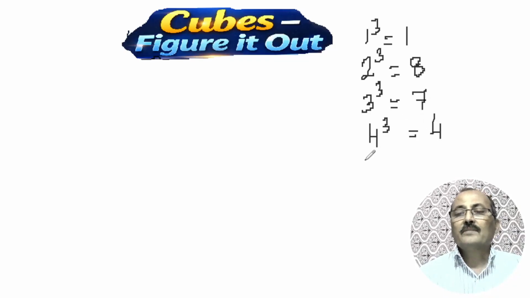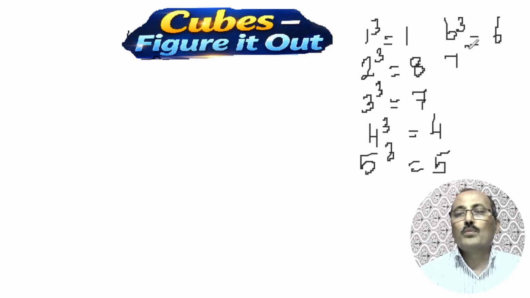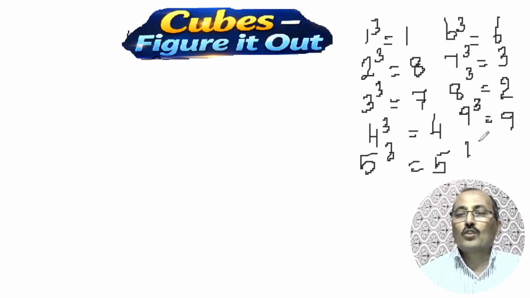Then 5 cube is 125, which ends with 5. 6 cube ends with 6 itself. 7 cube ends with 3. 8 cube ends with 2. 9 cube ends with 9: 9 nines are 81, and 1 times 9 is again 9. 10 cube ends with 3 zeros, that is 0.